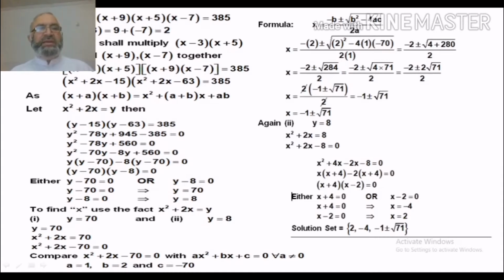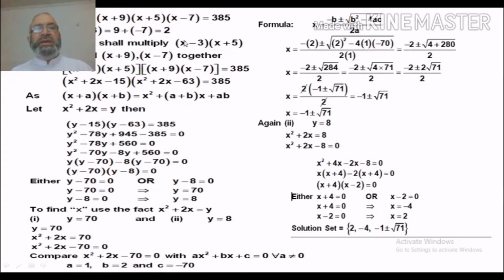So combining these two factors, rearranging, we shall multiply (x minus 3)(x plus 5), and combining the next two, (x plus 9)(x minus 7) together.